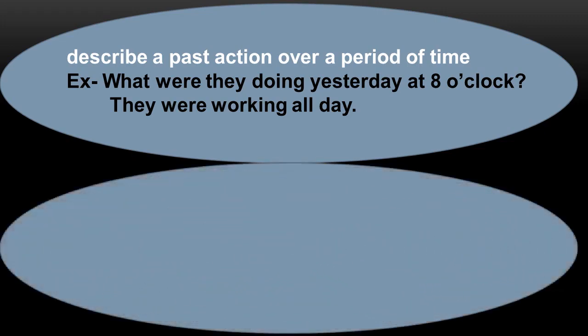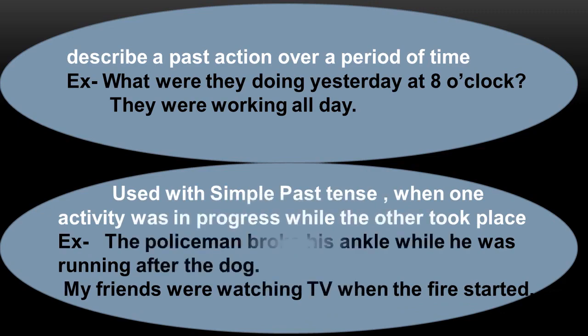Then another use we have, it is used with simple past tense when one activity was in progress while the other took place. For example, the policeman broke his ankle while he was running after the dog.